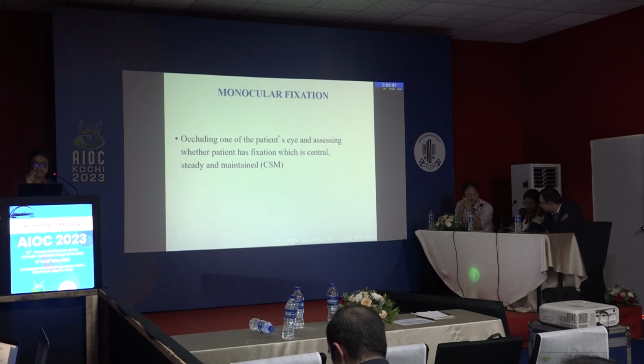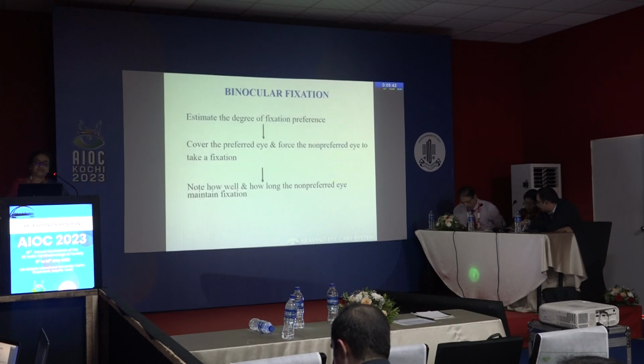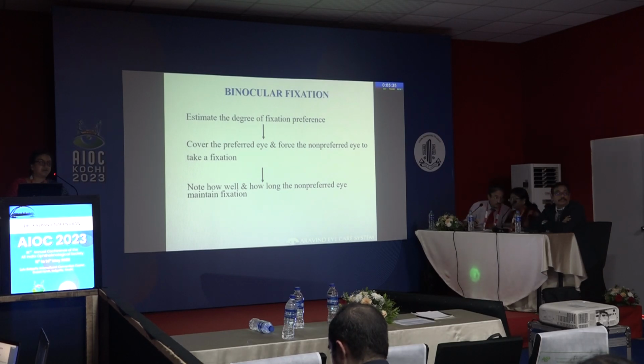In monocular fixation, you occlude one eye and look for the point of fixation. If the reflex is central in the pupil, if it is steady and if it is maintained, it indicates that the child has good vision in that eye. If there is a drift, I'll talk about it in interpretation. So again, binocular fixation, you have to estimate the degree of preference of fixation. Again, alternating squints, dominant eyes.